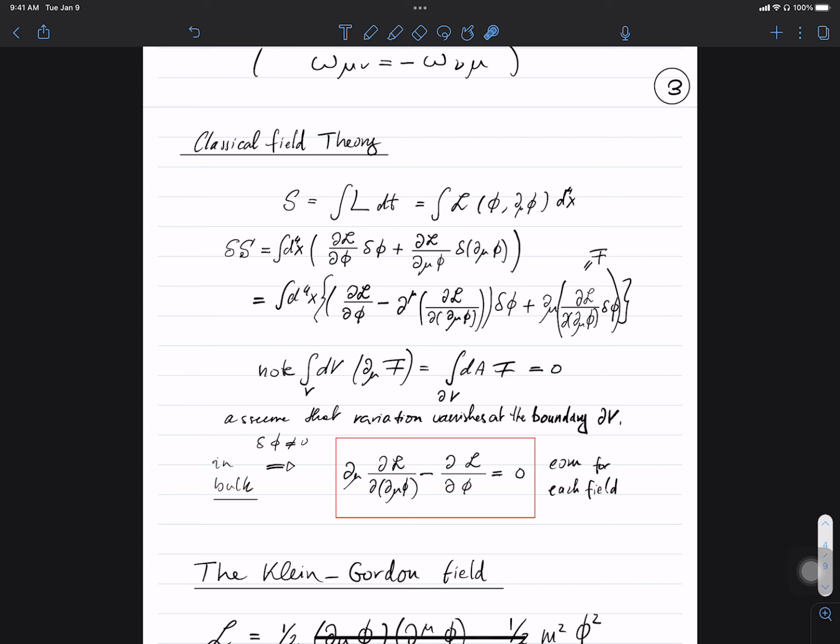So we do dL d phi times the variation of phi, where this is in principle just pulling through this variation in phi and applying the chain rule to L. And the same applies to the variation with the derivatives of phi: the derivative of L with respect to d mu phi times the variation in d mu phi.